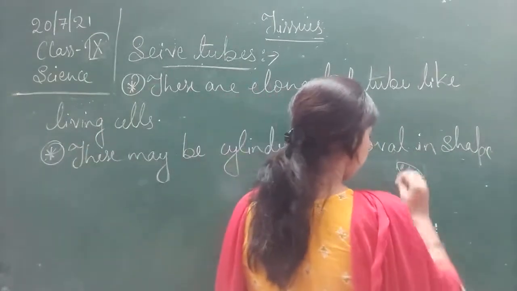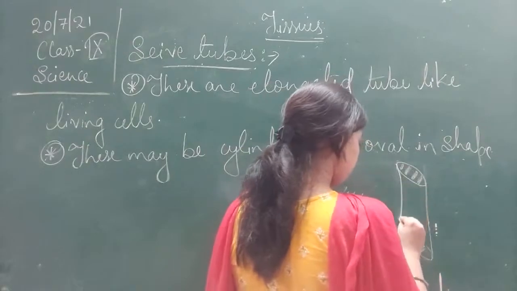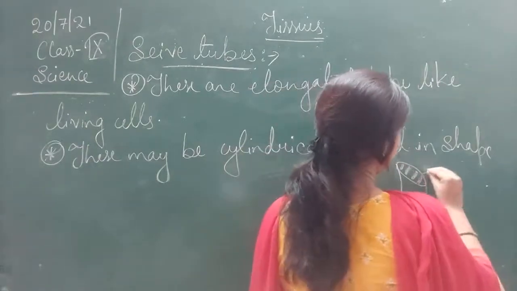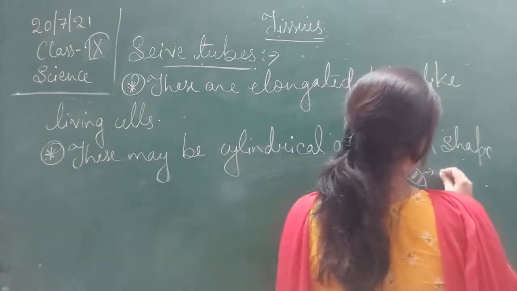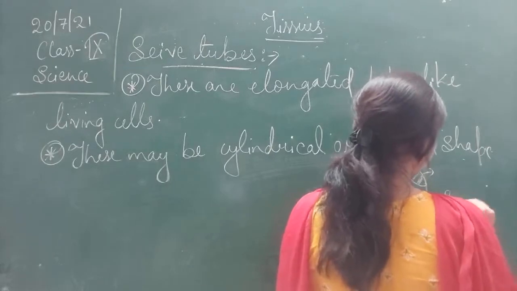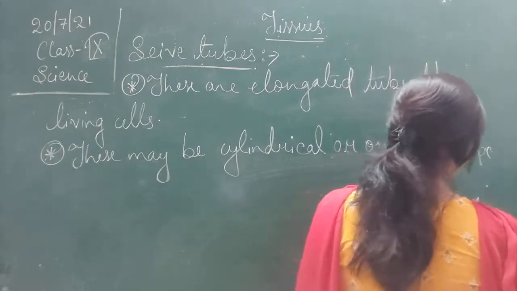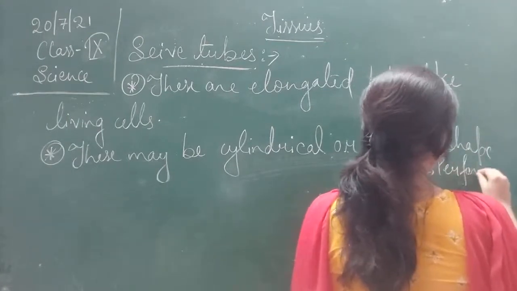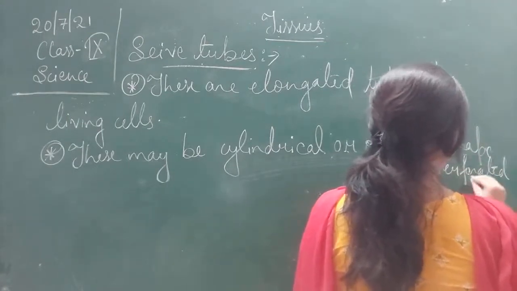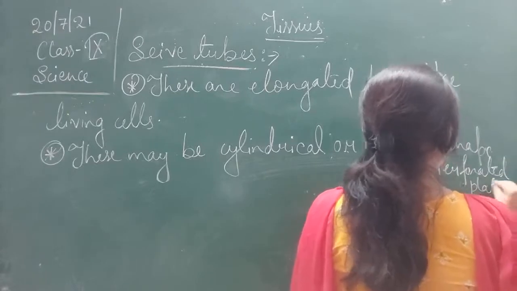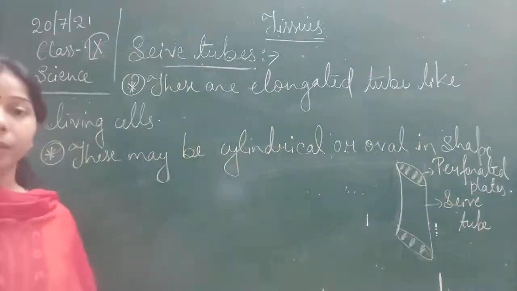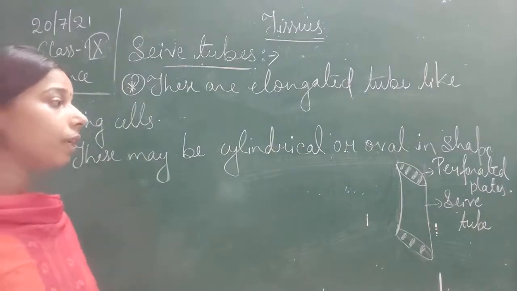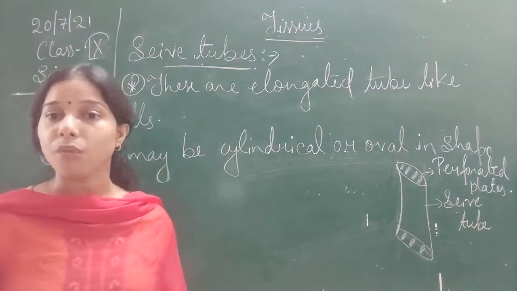This is the sieve tube, and this is the perforated plate. So the sieve tube may be cylindrical or oval in shape.